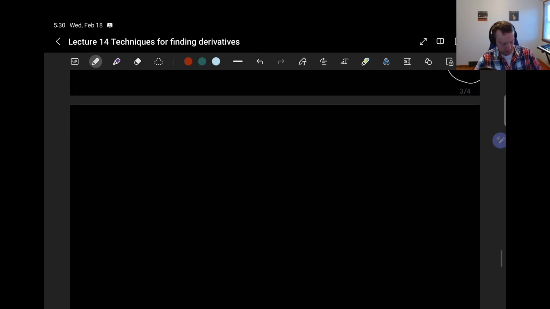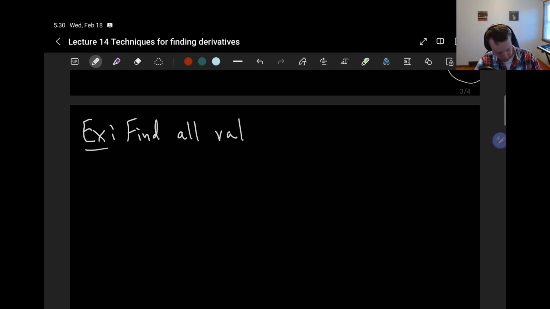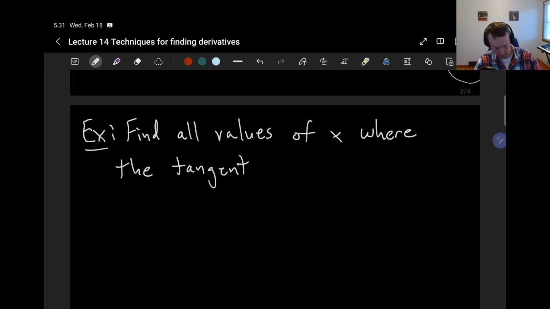Now, the last problem I want to do in this lesson is related to tangent lines. We want to find all values of x where the tangent line is horizontal.